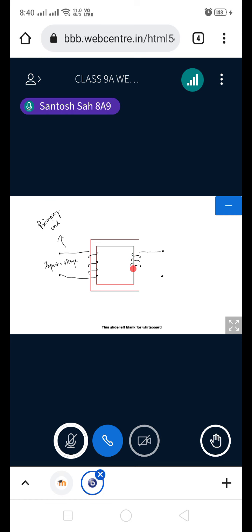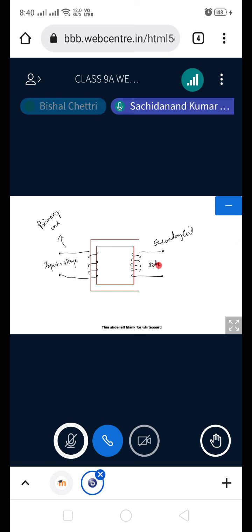This is the primary coil. This is the secondary coil. Consider the left hand side is your primary coil, right hand side is your secondary coil. You get the output from here.